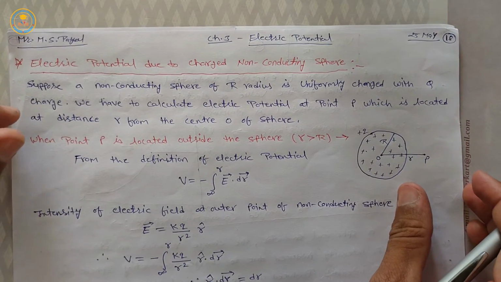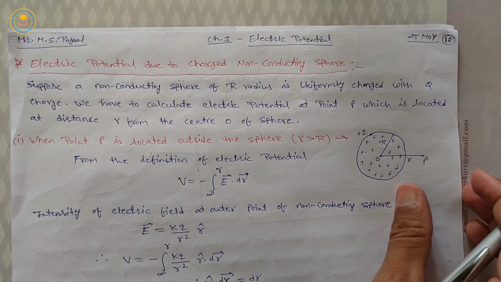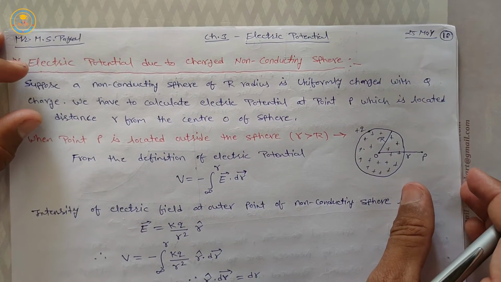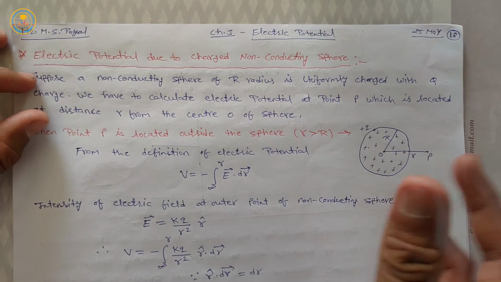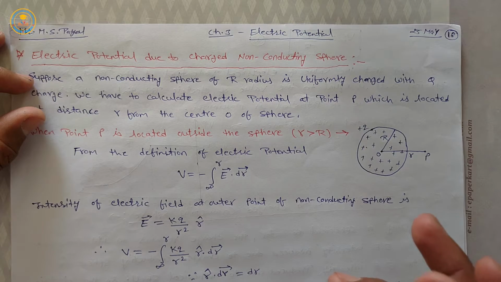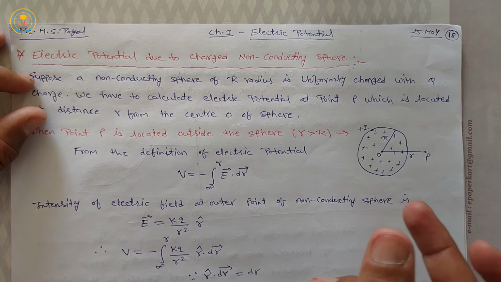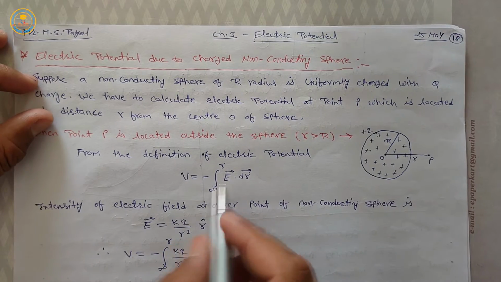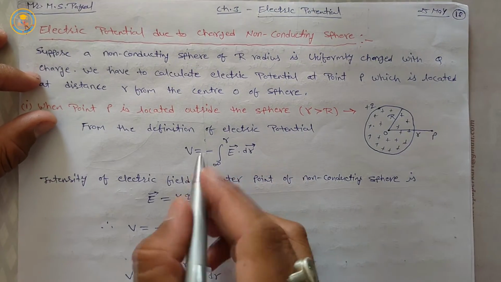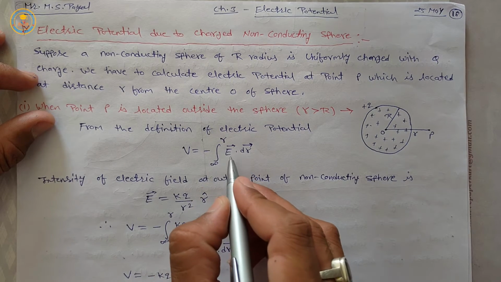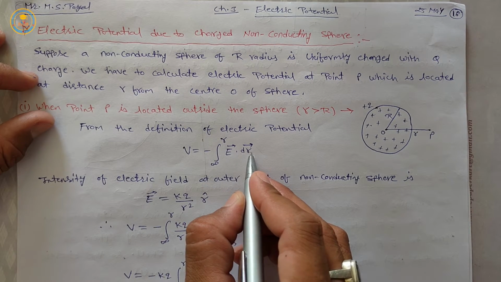We know the definition of electric potential at a point is equal to the negative integration of E vector dot dr vector. So from this definition, we write V is equal to minus integral from infinity to r of E vector dot dr vector.